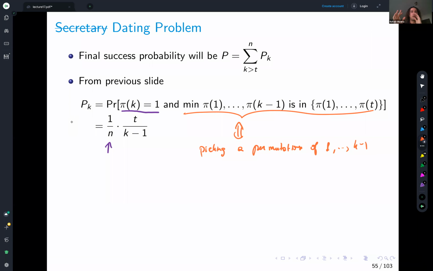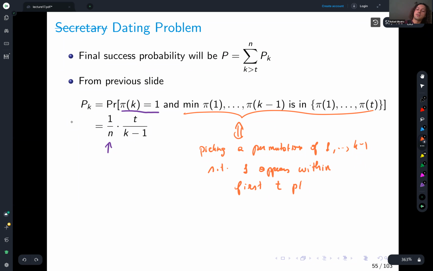Let's suppose that within the first k minus 1, they have different rankings, so we can assume they are 1 up to k minus 1. What is the probability such that 1 appears within the first t places? Because 1 is your best ranked person, right?